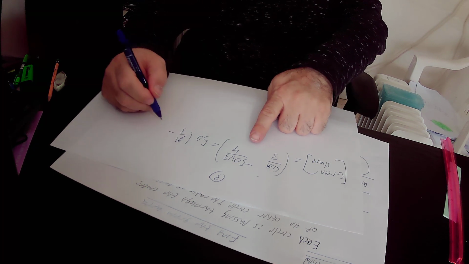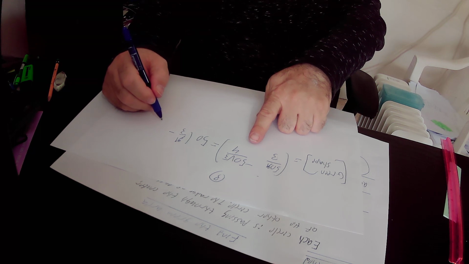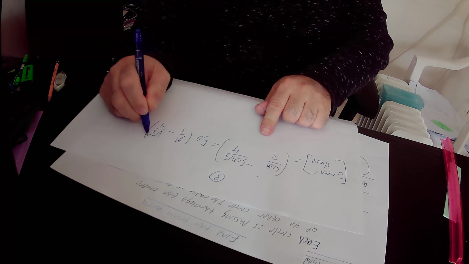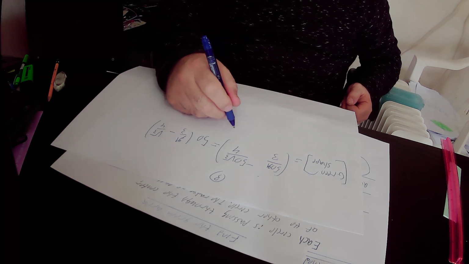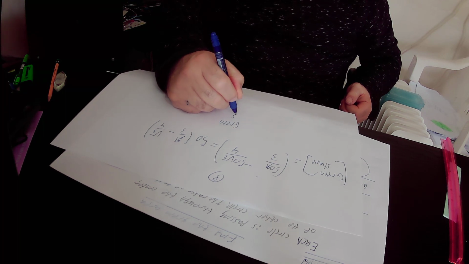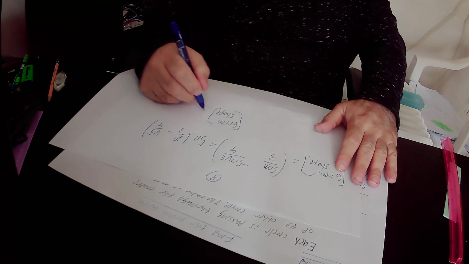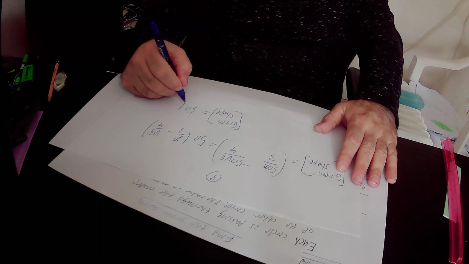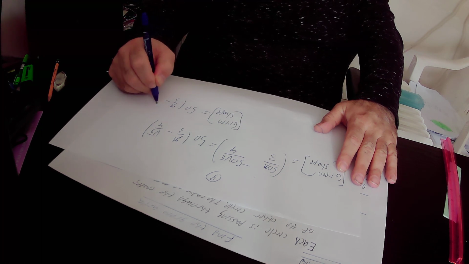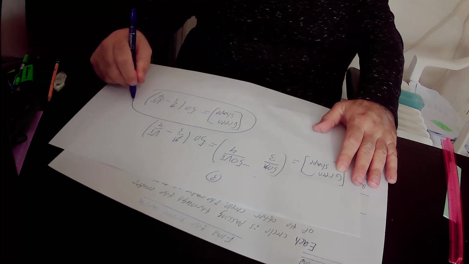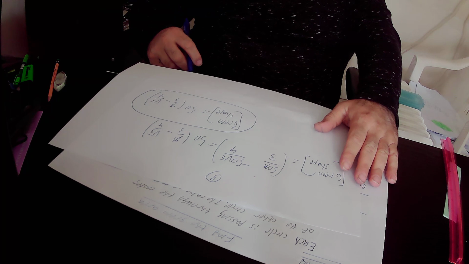And what is left from minus 50 times square root of 3 over 4 is square root of 3 over 4. So the area of the green shape, according to the second method, is equal to 50 times pi over 3 minus square root of 3 over 4 square units, exactly as we found in the first method.